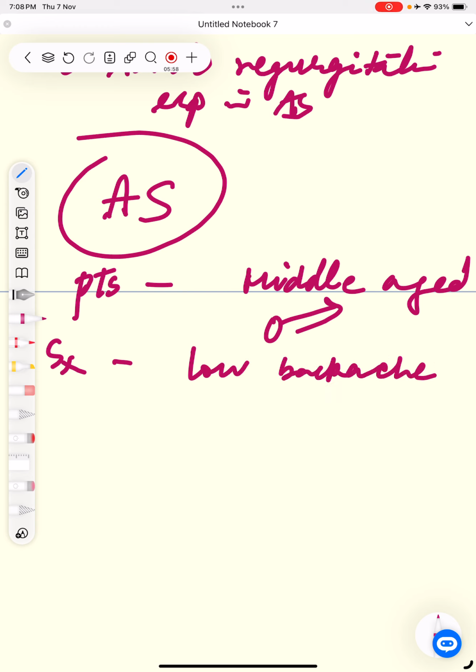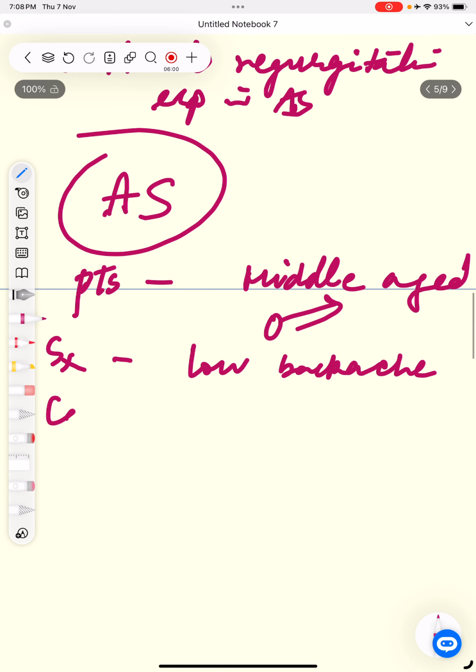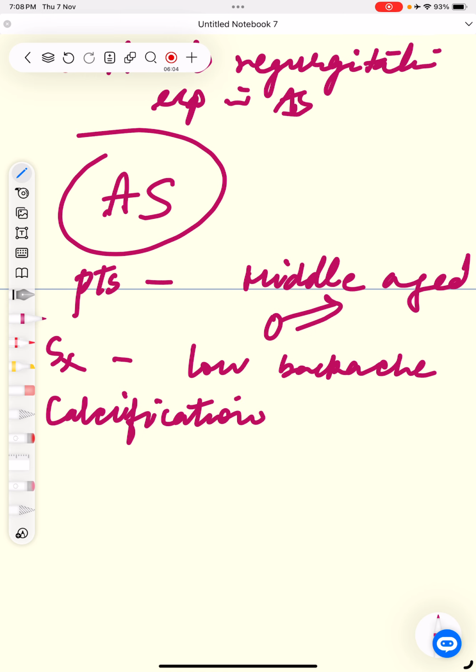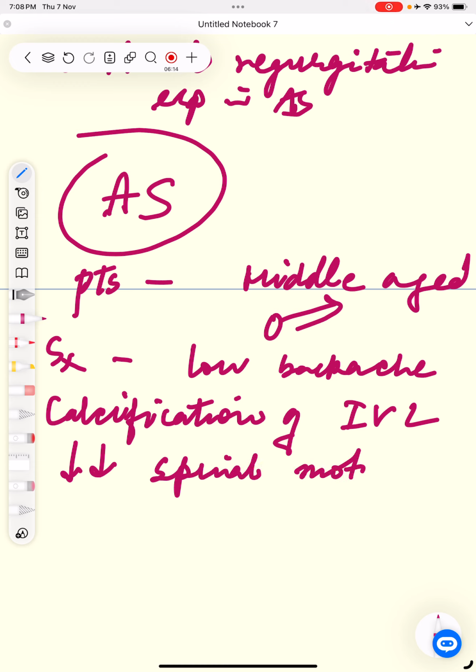They will also present with calcification of intervertebral ligaments, which will eventually reduce their spinal motility. So bending the back will be very difficult for them.